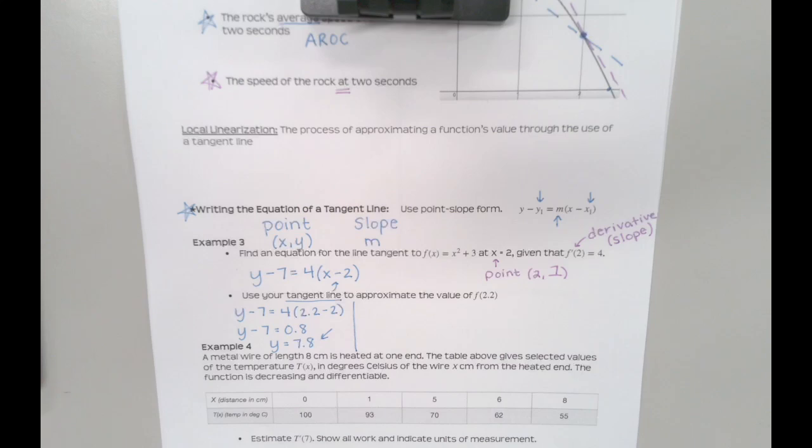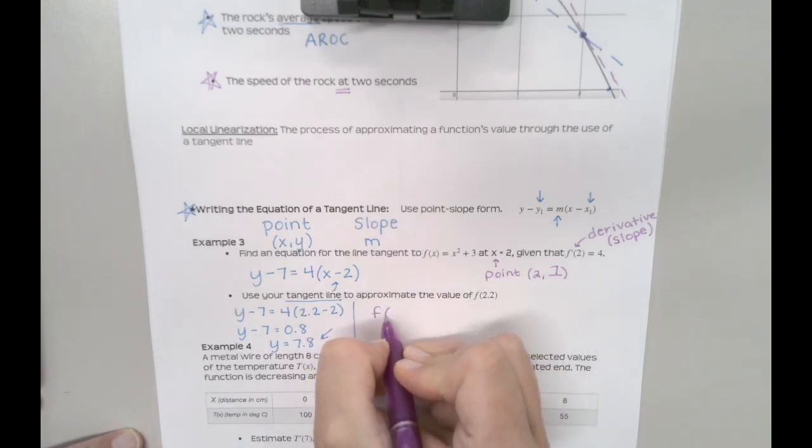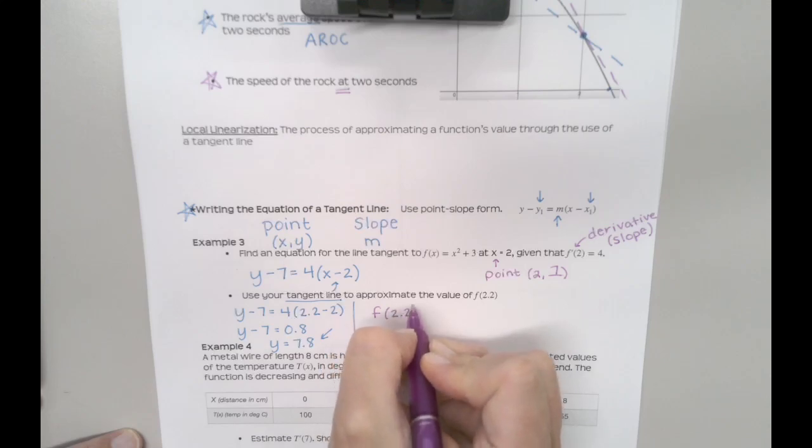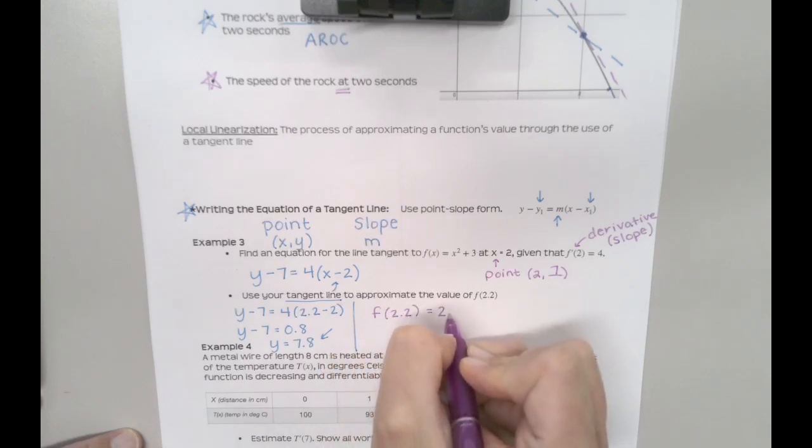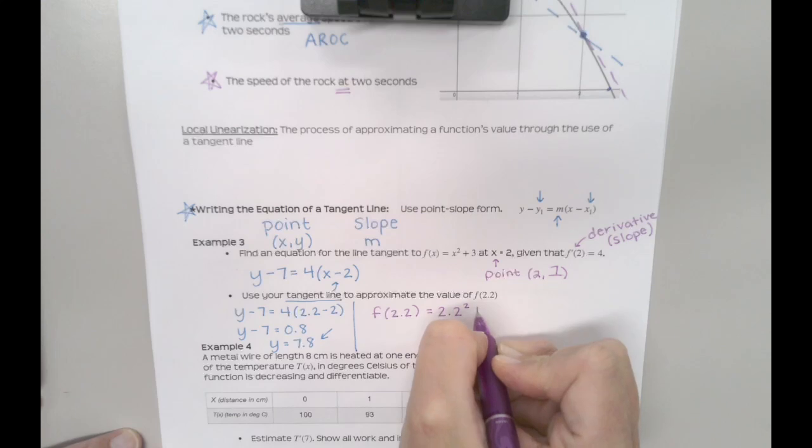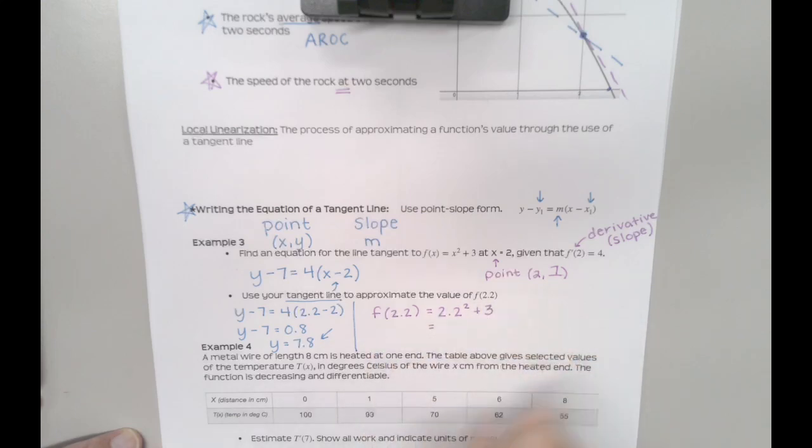I want to show you real quick, and I'm going to cheat and use a calculator here a little bit, but I want to show you what the actual value of 2.2 is when I plug it in. So when I do f of 2.2, I would do 2.2 squared plus 3.